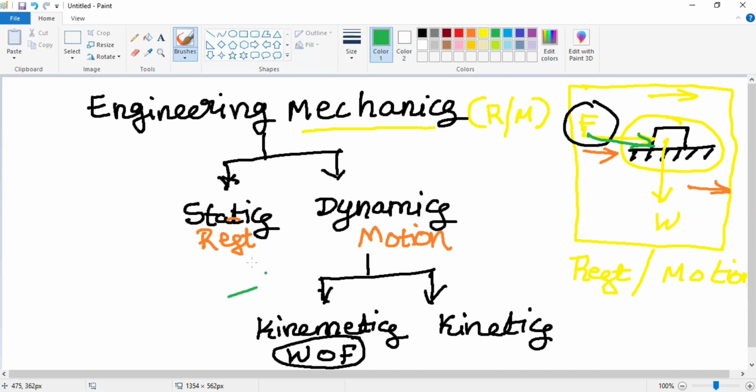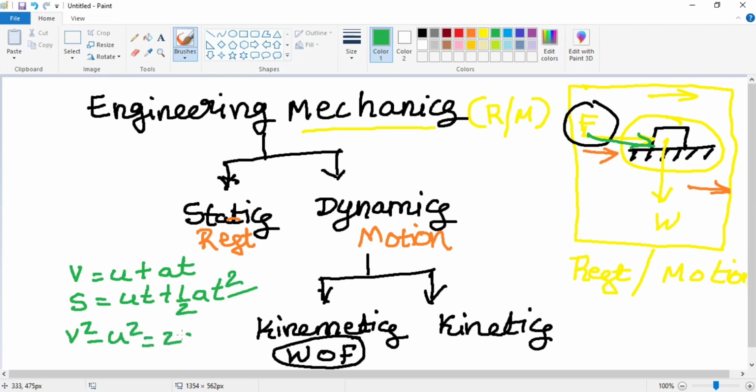Here we have these equations in kinematics: V equal to U plus AT, S equal to UT plus half AT square, V square minus U square equal to 2AS.